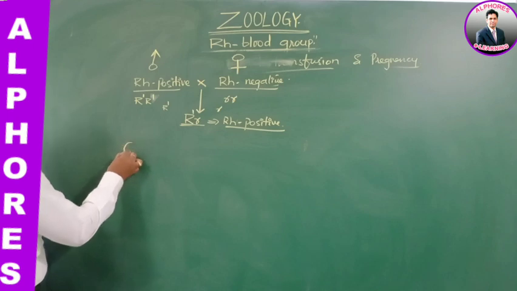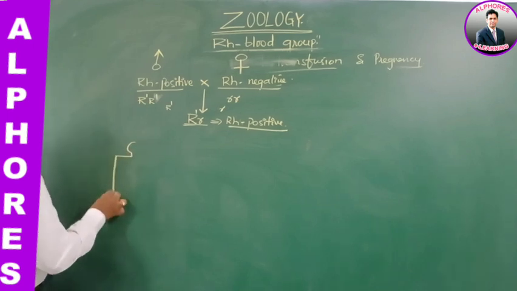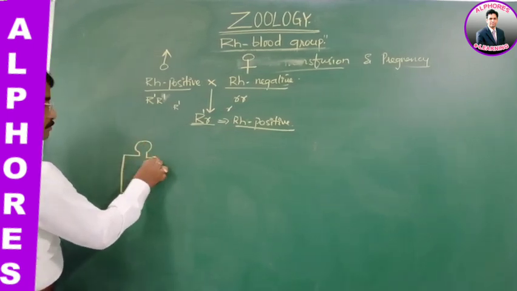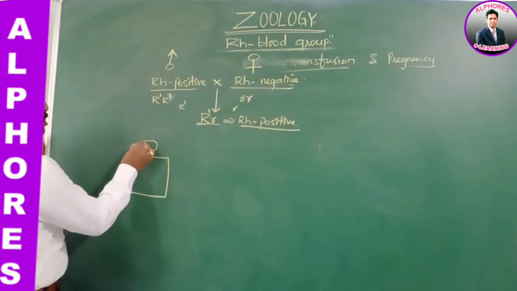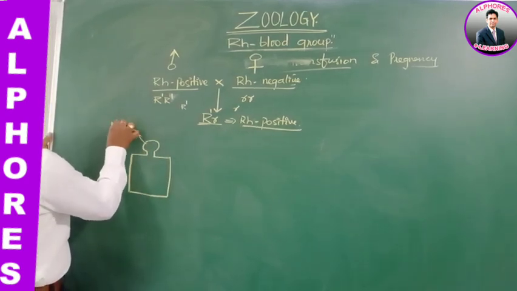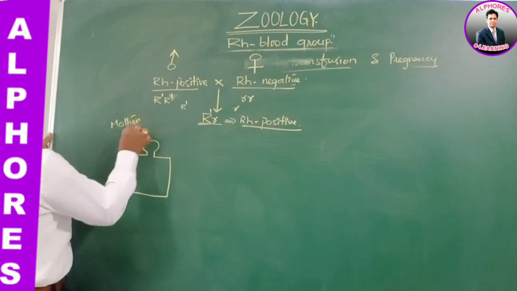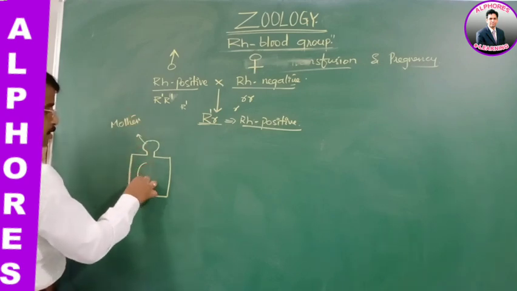Diagrammatically I can show you. Look at here. This is the mother's immune system, for suppose, mother, and this is the fetus.